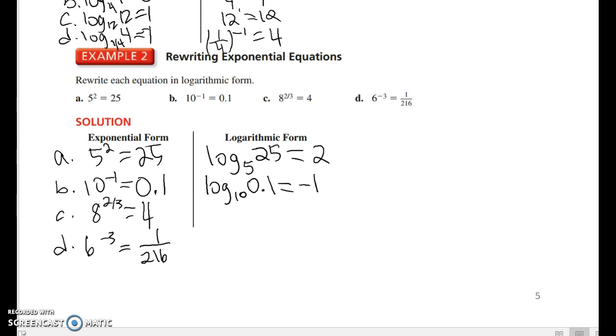What will part C equal? Log base 8 of 4 equals 2/3. So again, your exponent is always your answer. So what will part D equal? Log base 6 of 1/216 equals negative 3. Good.